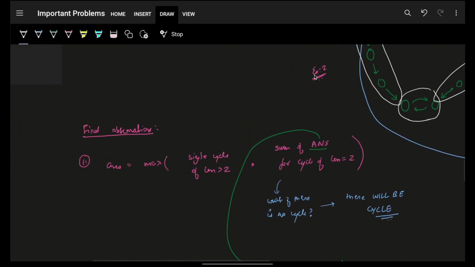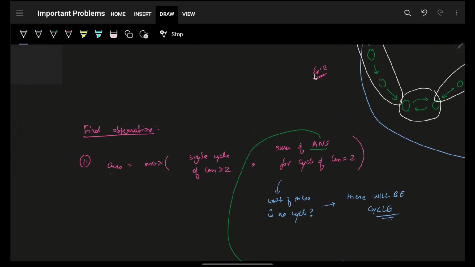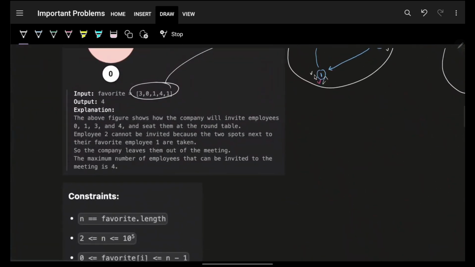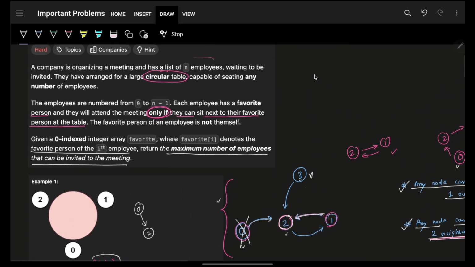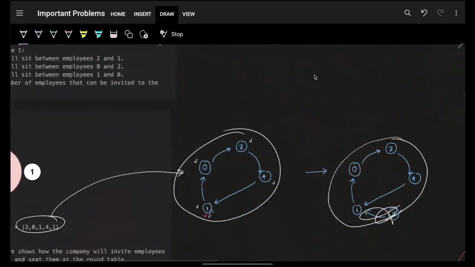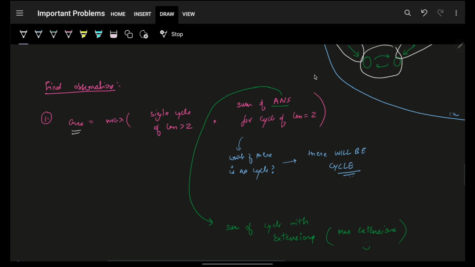Okay, so with the observations we have seen, the answer we want, which is the maximum number of employees we can seat or invite to the meeting, will be the single cycle of length more than 2. Again, if there are multiple cycles, just take the one having the maximum cycle length.